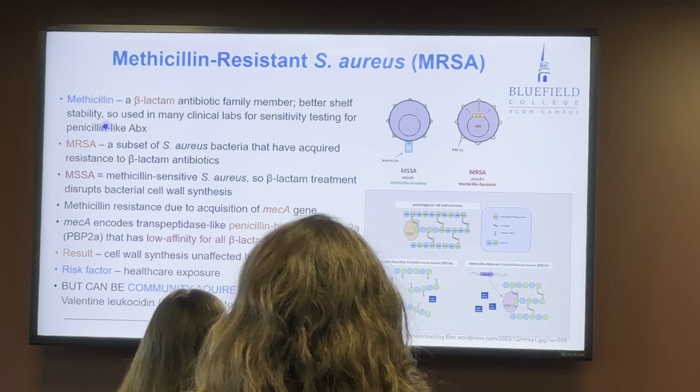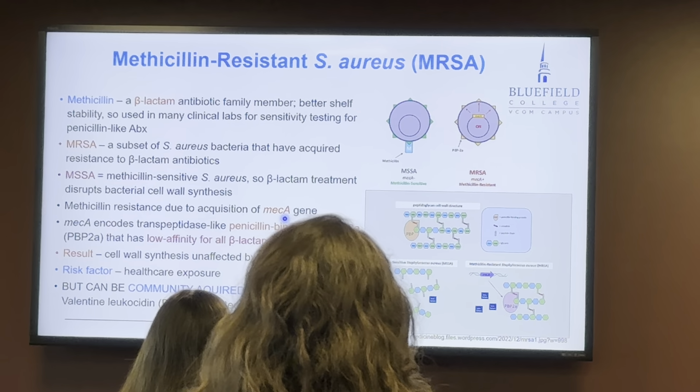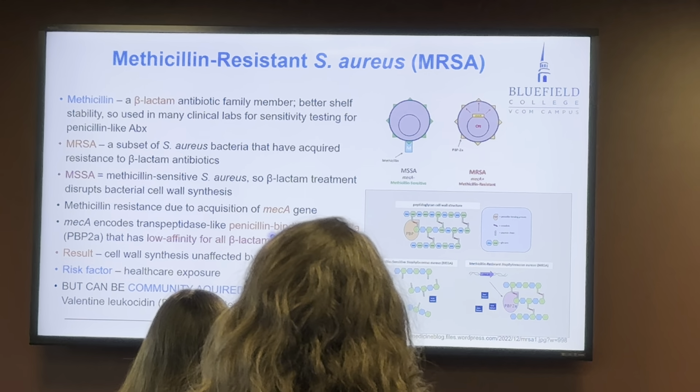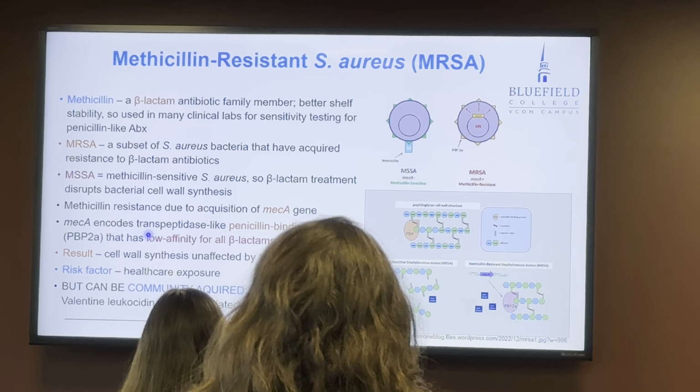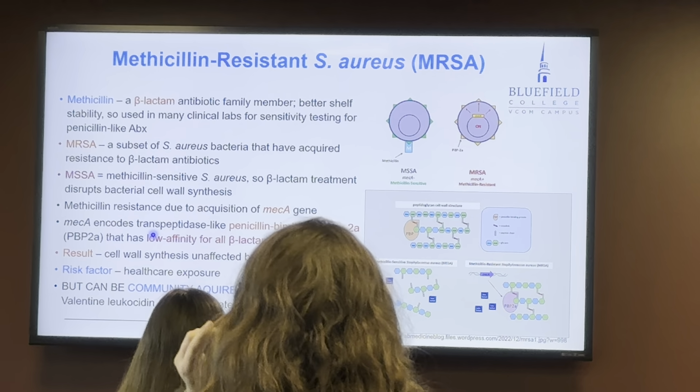And that was used in testing to determine, and that's how we determined, that Staph aureus had acquired that resistance gene. The resistance gene is encoded by mecA. It was picked up on a plasmid, and it encodes a penicillin binding protein that looks a lot like the transpeptidase. So that's how it got incorporated in the mechanism of action.